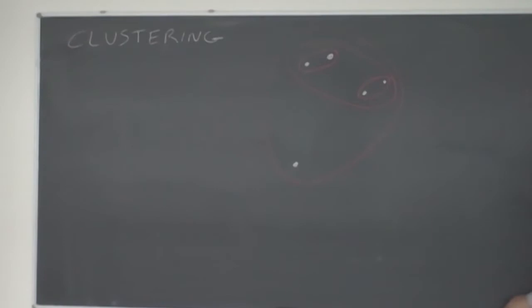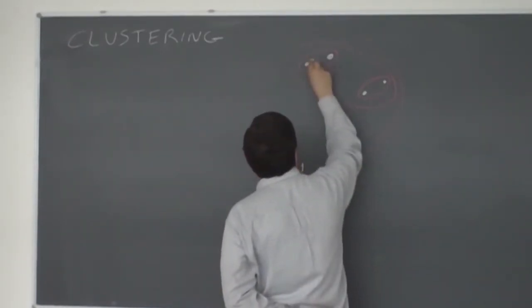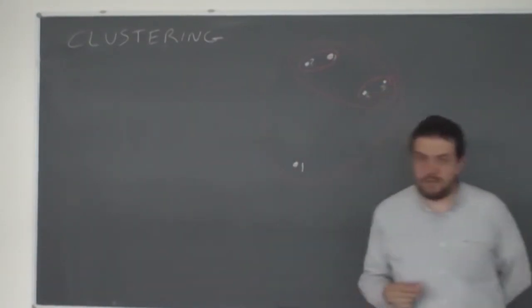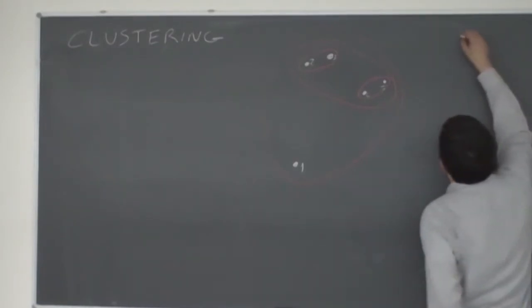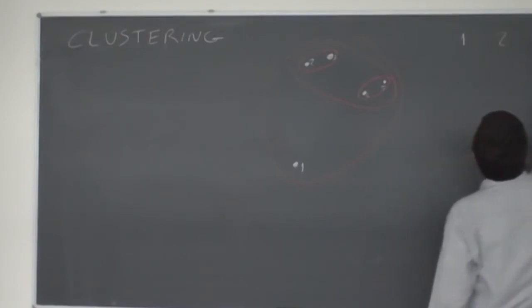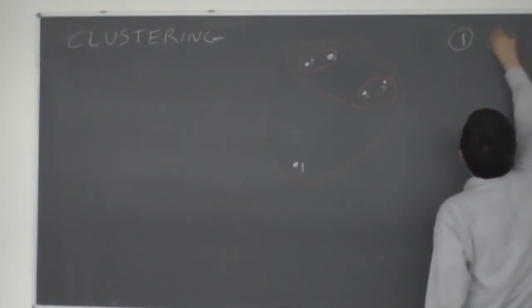Let me give names to these objects. Call them 1, 2, 3, 4, and 5. So what I have done is, I started with 5 separate objects.